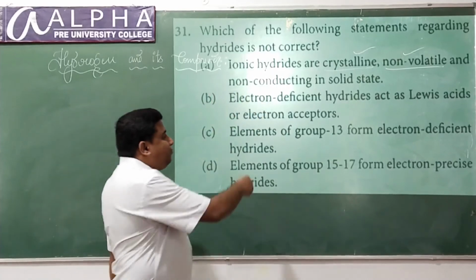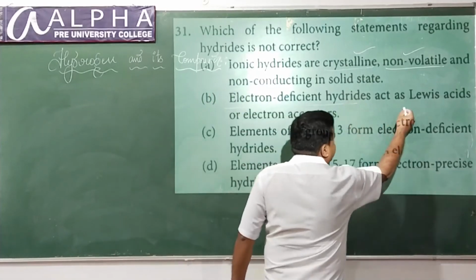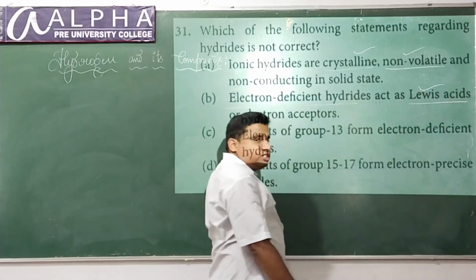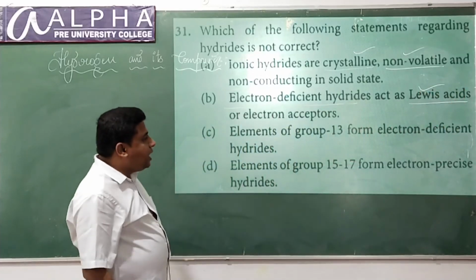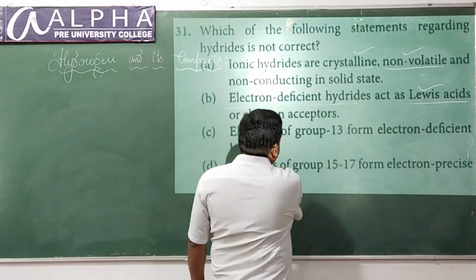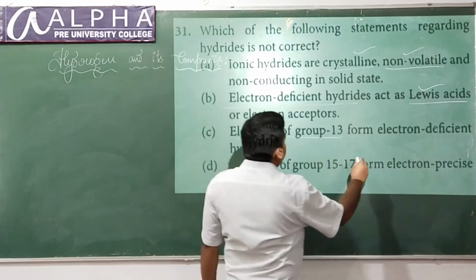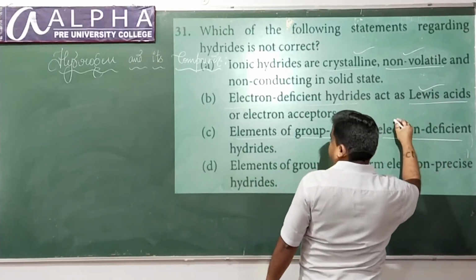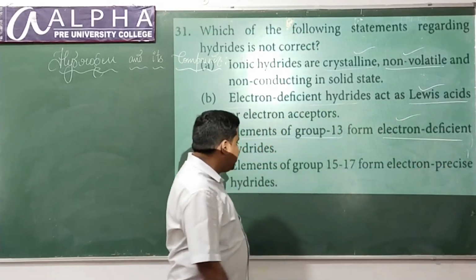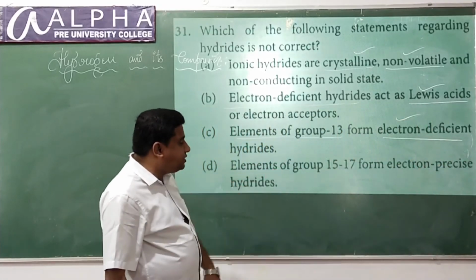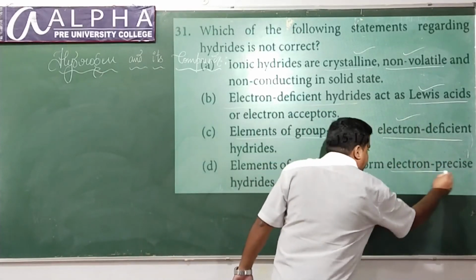Electron deficient hydrides are Lewis acids. Yes, that is true. Elements of group 13 will act as electron deficient hydrides. That's correct. Elements of group 15 to 17 are electron precise hydrides.